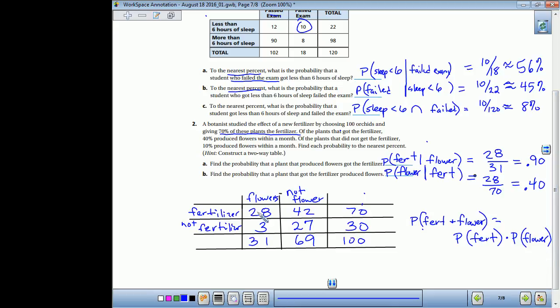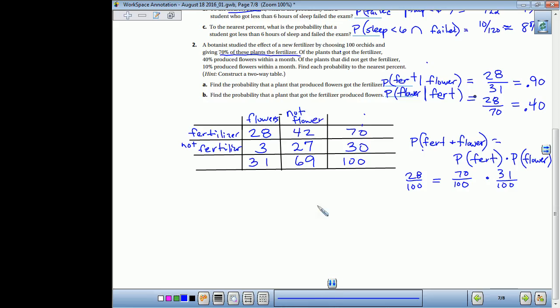Okay, so fertilizer and flower would be 28 out of 100. Is that equal to fertilizer, 70 out of 100, times flowers, 31 out of 100? That's the first test of independence, right?